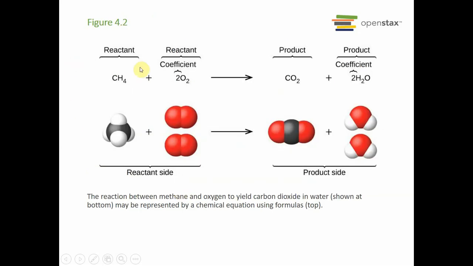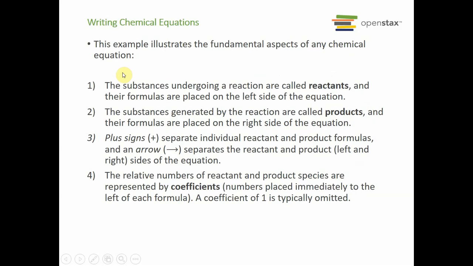That is, this number right here and this number right here. Of course, these have coefficients of 1, but they're just not written because 1 is the identity. So coefficients are the numbers placed immediately to the left of each formula. A coefficient of 1 is typically omitted.